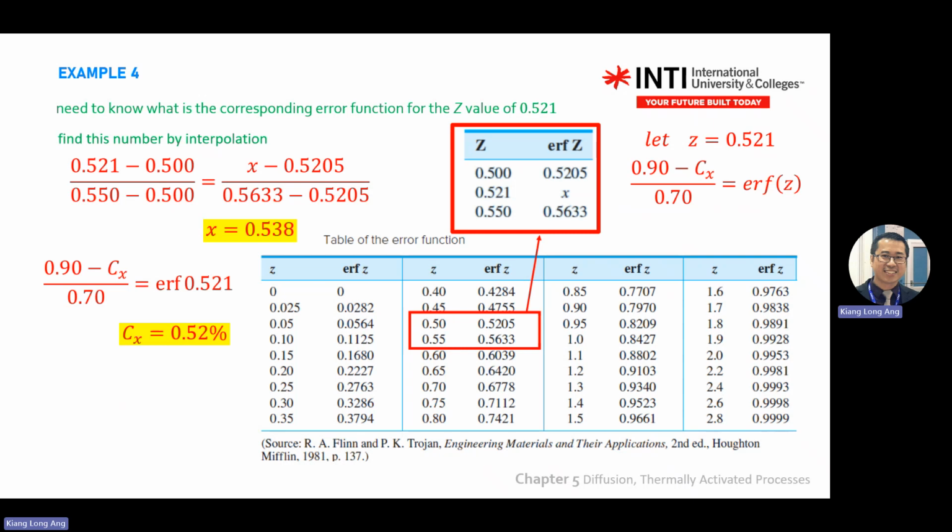The one I show you here is the interpolation step. I use 0.5 and this one. You need to compare this one and this one, and this one is cross multiply. And you take this one minus this one.